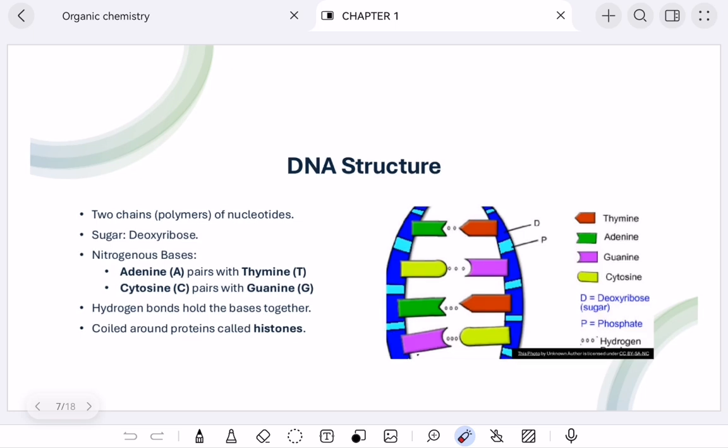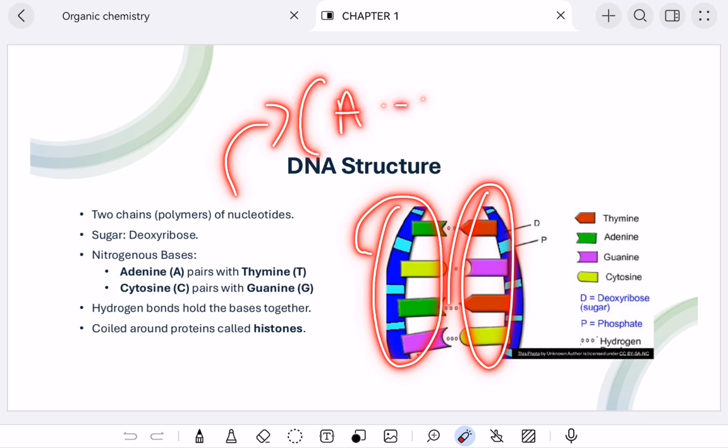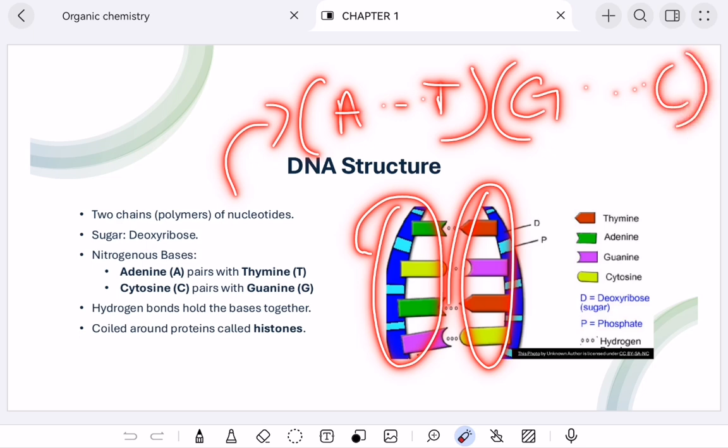So the structure of DNA: we have mentioned that the DNA has two chains of nucleotides, right? Which is this chain over here and this chain over here. And if you remember, the nucleotides consist of adenine, which bonds with thymine, and guanine, which bonds with cytosine, right?